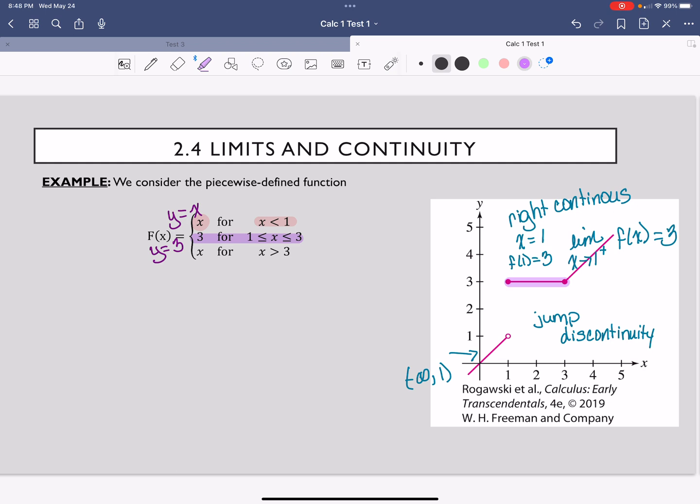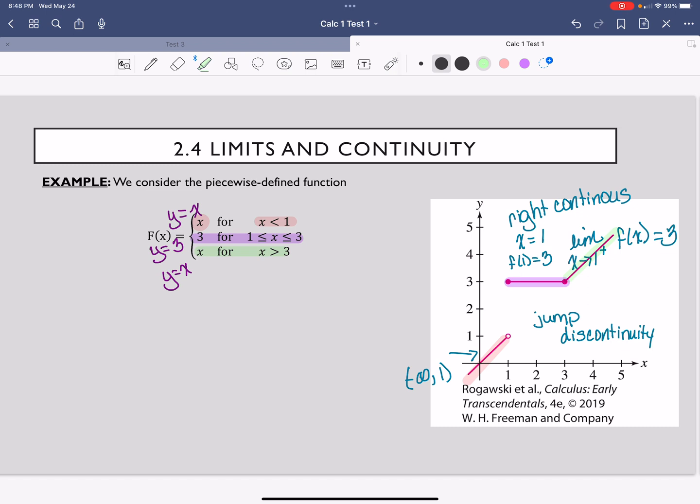Let's go ahead and highlight this part of the function right here. Then once we're greater than 3, we are going to follow the y equals x rule again. This particular piecewise function just had the same rule in 2 different places. They don't always have that. You can have 3 different rules.